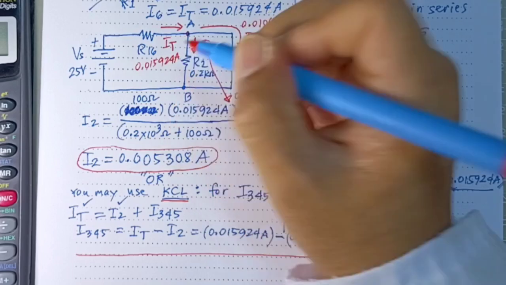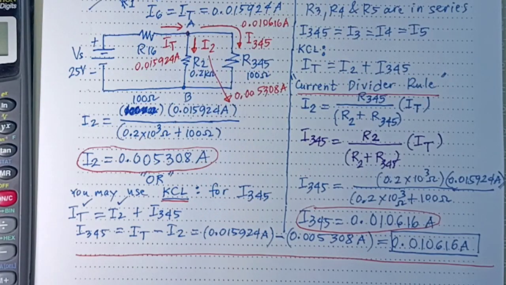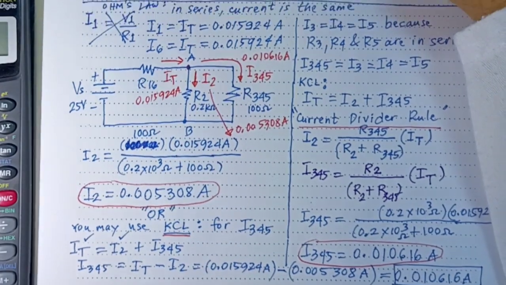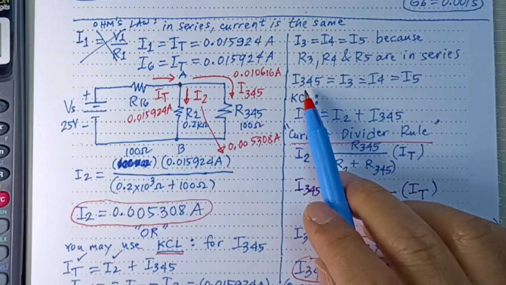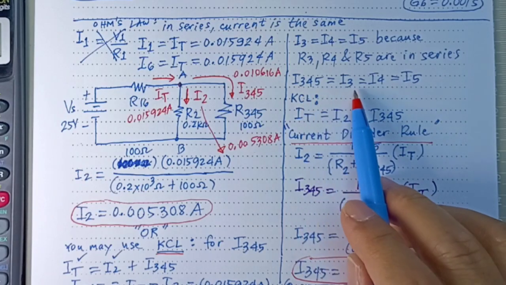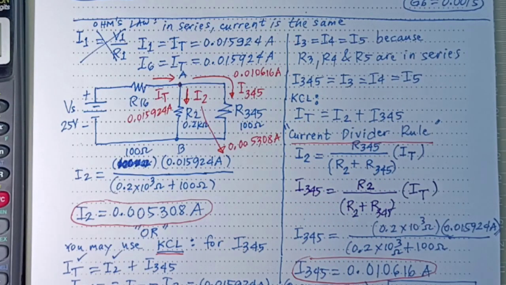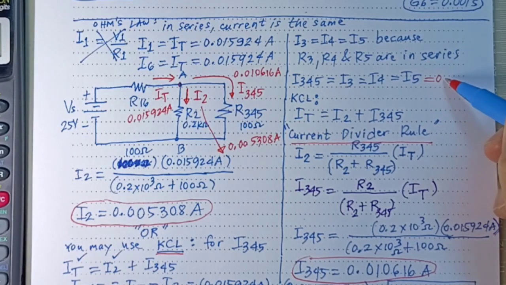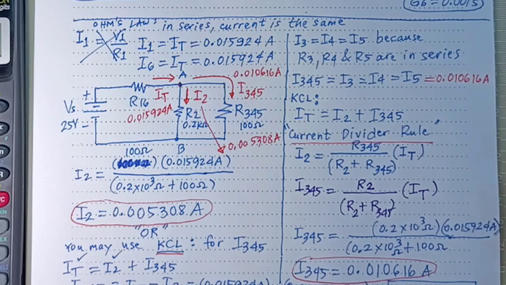Okay? Now going back to our problem before, in the beginning, we said that I345 equals I3 equals I4 equals I5. And now I know the value of I345 is 0.010616 amperes.